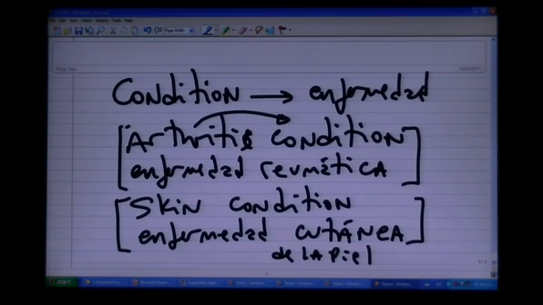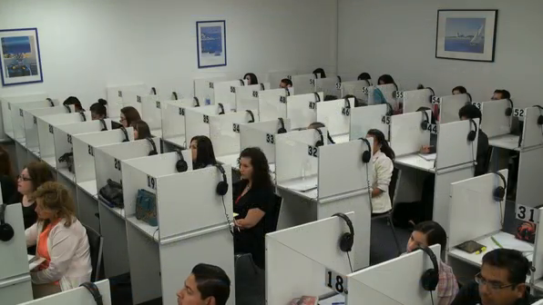So, for any interpreting exam, please, for skin condition, enfermedad cutánea, but for you, when you interpret in a hospital, if you feel that the person will not understand that, and that's your judgment, you can say enfermedad de la piel. There's really nothing wrong with that.